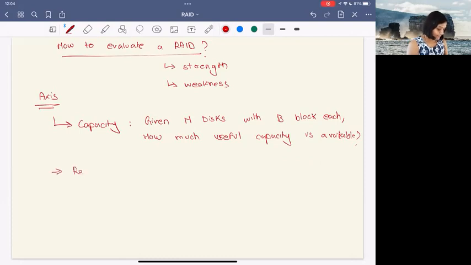Second, reliability, which is a measure of how many disk failures or disk faults can the given design tolerate.